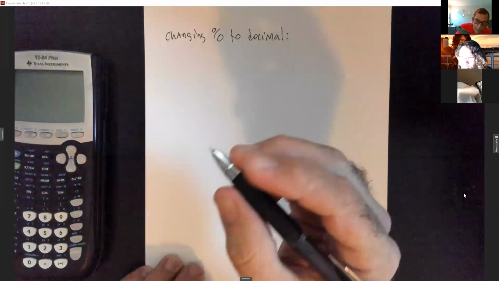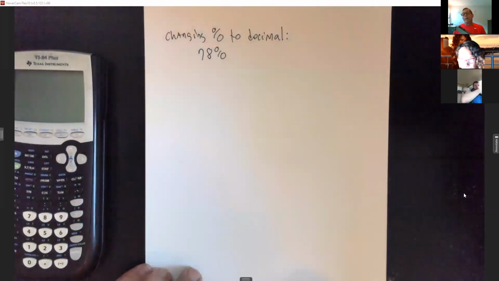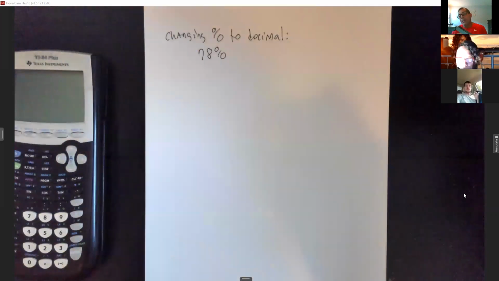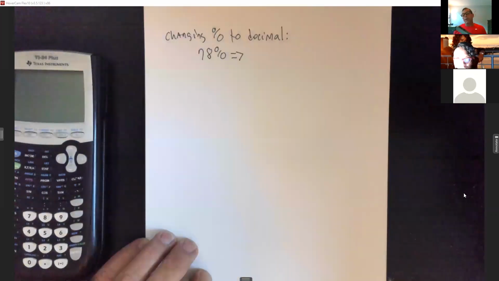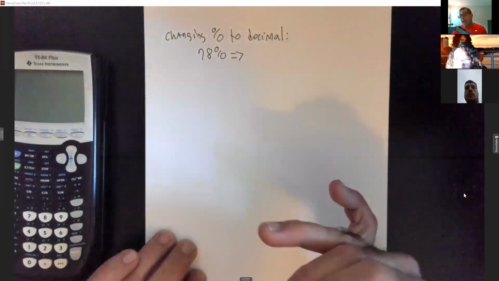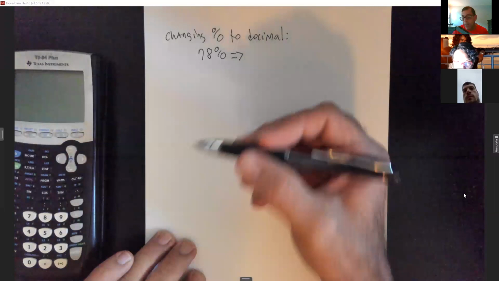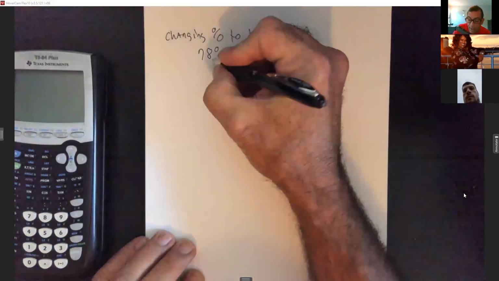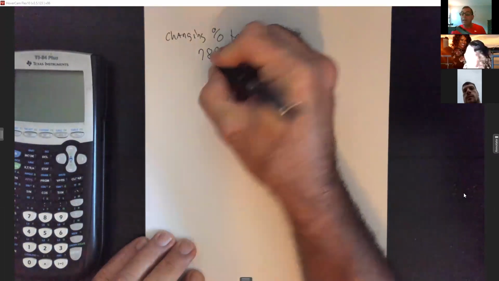So if I had 78%, and we need this to be a decimal when we put it into the mathematical formula, basically we're going to divide by 100. And what dividing by 100 does to the 78%, since there's no decimal shown, it would automatically be behind that 8.